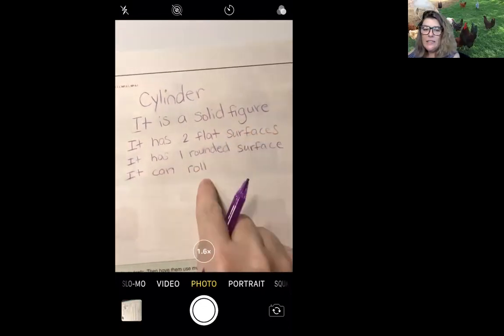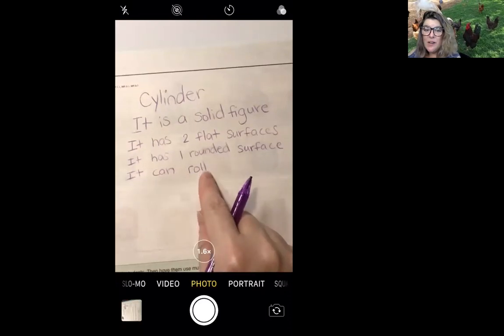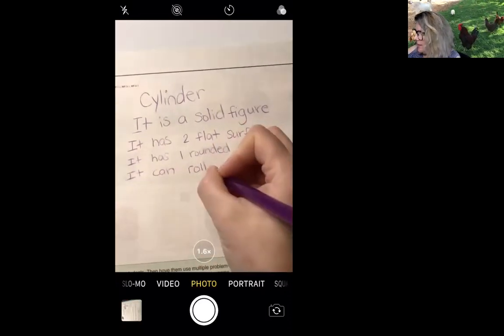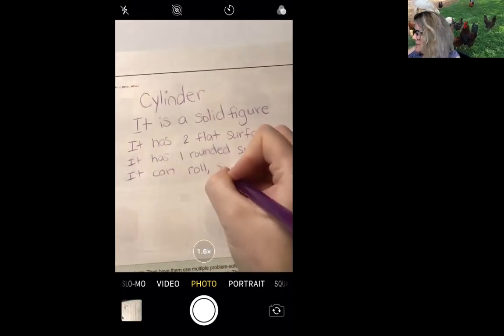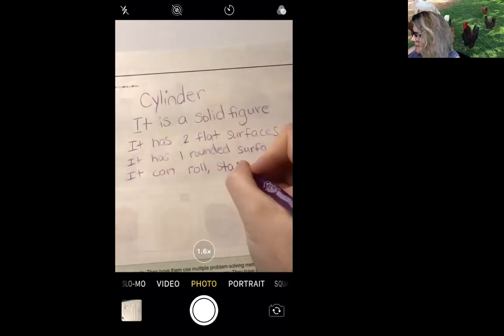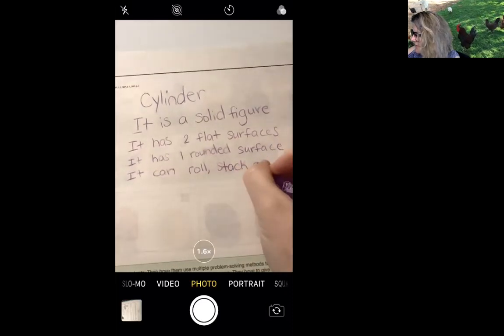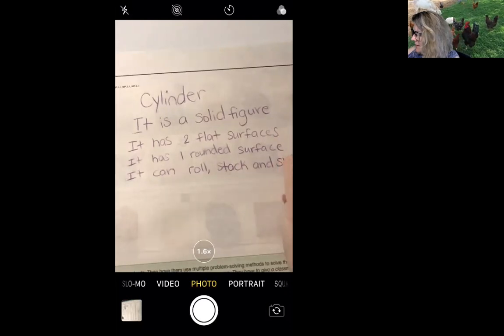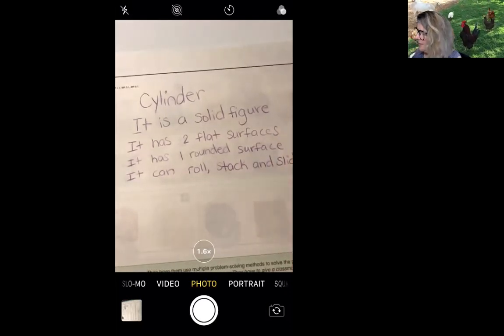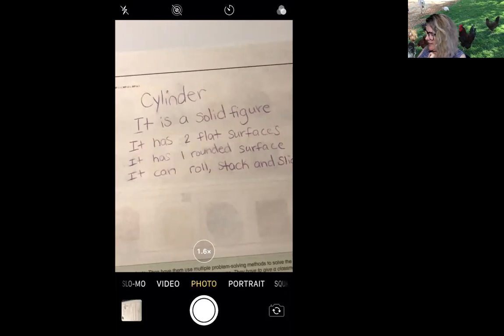And I'm going to make a list of all the things it can do. So I need to put a comma after. So I put a comma in between each of those words I'm going to list. So it can roll, stack, and slide. I think that might be the only shape that does that: roll, stack, and slide.